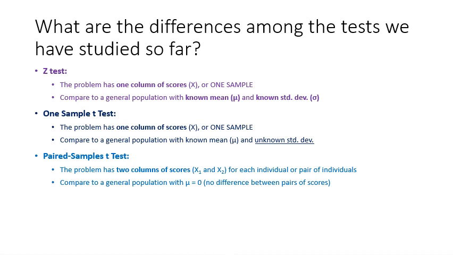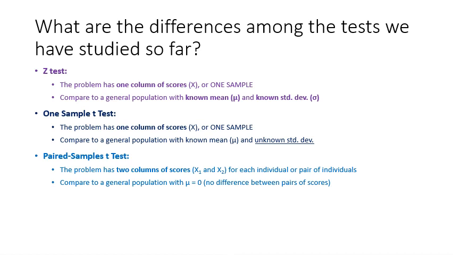Then we went on to the paired samples t-test, and in that test we had two columns of scores for each individual, or each pair of individuals. But in any case, whether it was a pair of individuals that were related or each individual with two scores, we had column X1 and column X2, two scores per each individual.